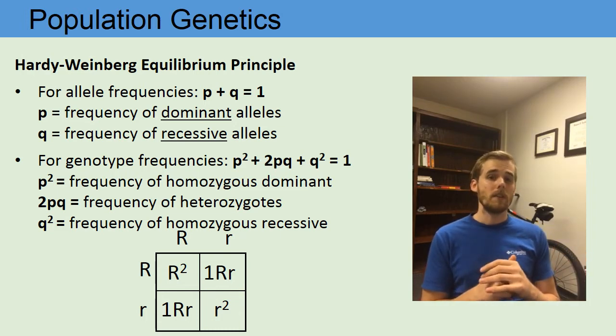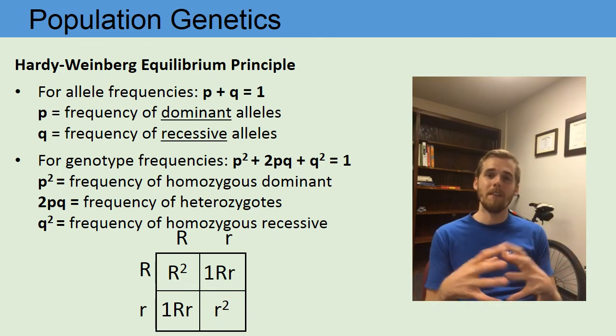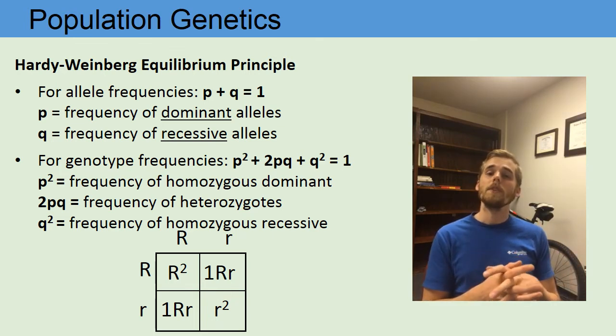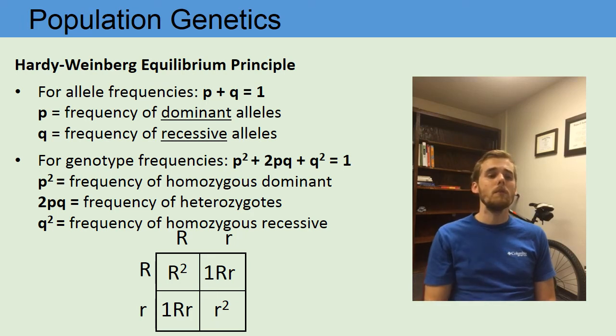Now, what about the genotype frequencies? If you were to add all of the homozygous dominant individuals and all of the heterozygous individuals and all of the homozygous recessive individuals together, then that would give you 100% of the genotypes for that particular trait within a population. And this can be expressed p squared plus 2pq plus q squared is equal to 1.